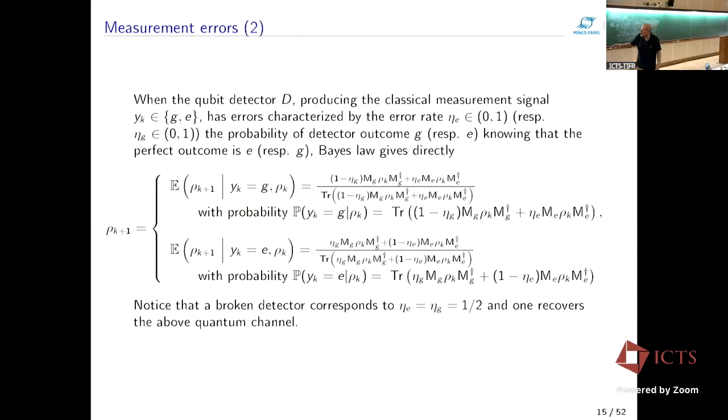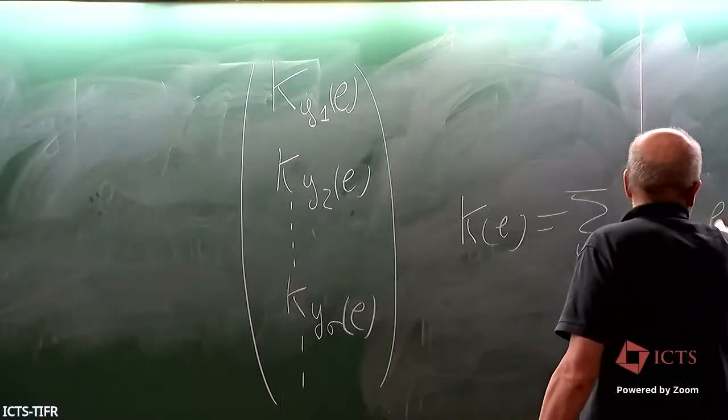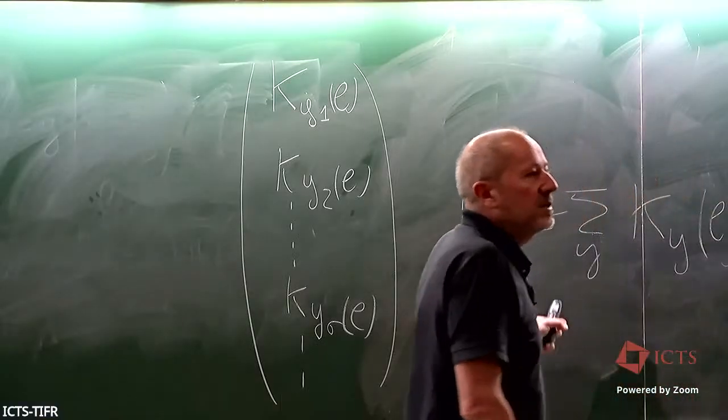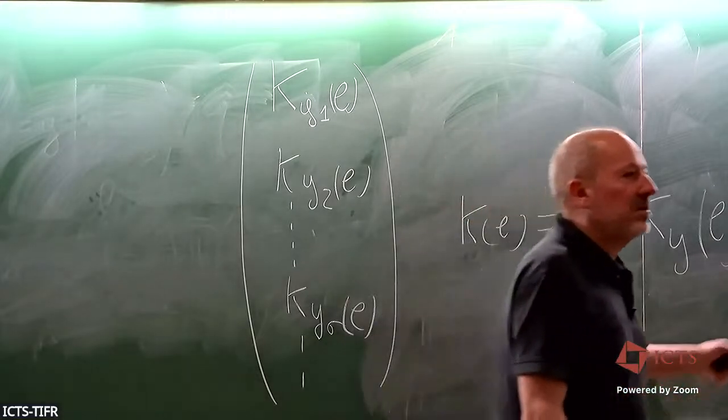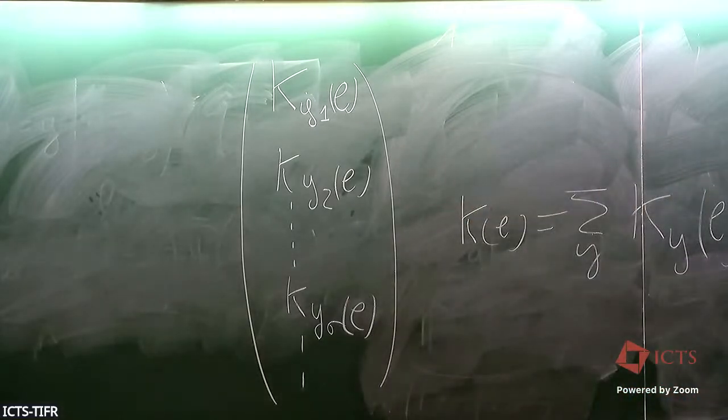I have K for 1, 1, 1, 2, 1, 3. But at the end, when I consider the sum like this, K of rho is the sum over y of K_y rho, I have a quantum channel. A map which is linear, which preserves complete positivity, and the trace.